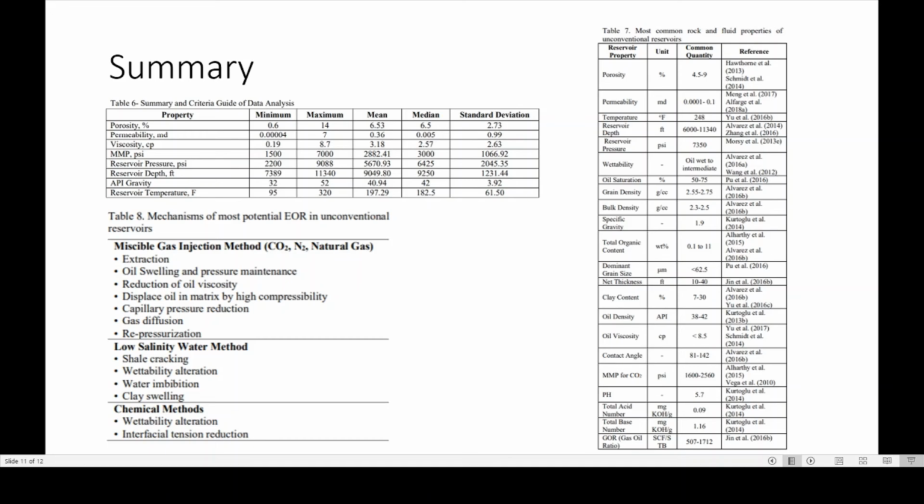And the table on the very right just shows what common rock and fluid properties are there in unconventional reservoirs with respect to the EOR studies that have been published. So that's way more than what was analyzed in the histograms. But notice the GOR at the very bottom: it's relatively low GOR, as probable candidates for gas EOR or for huff and puff EOR.